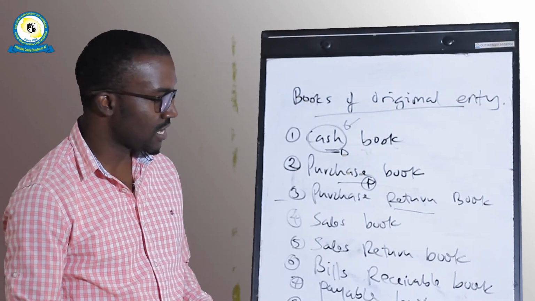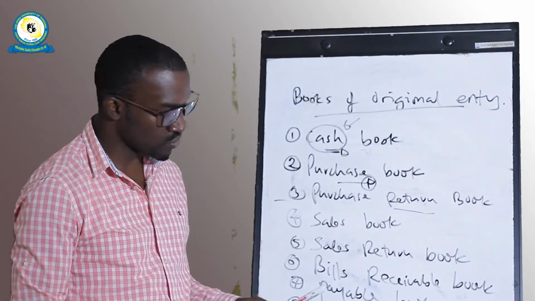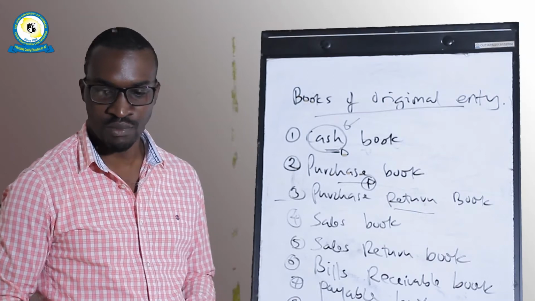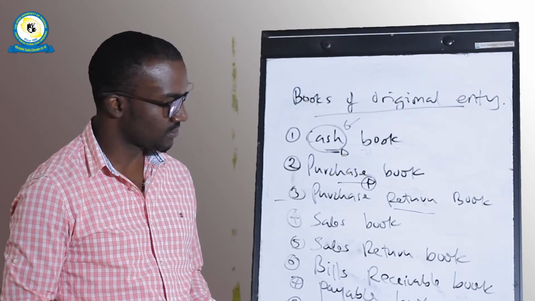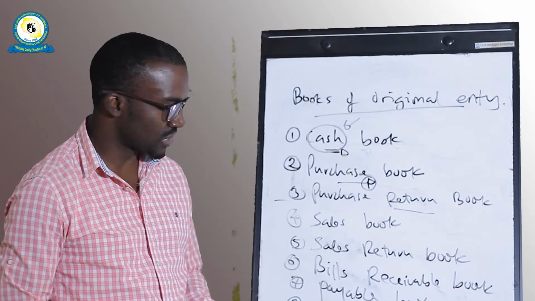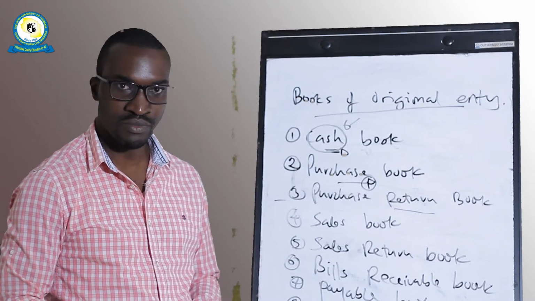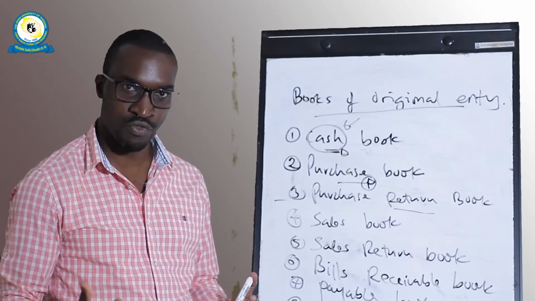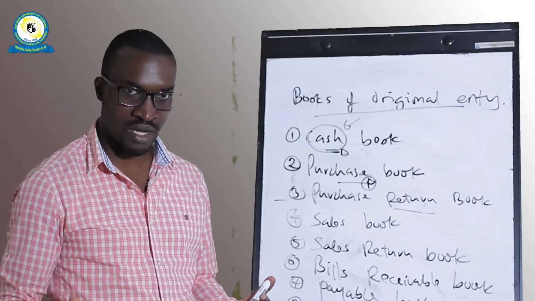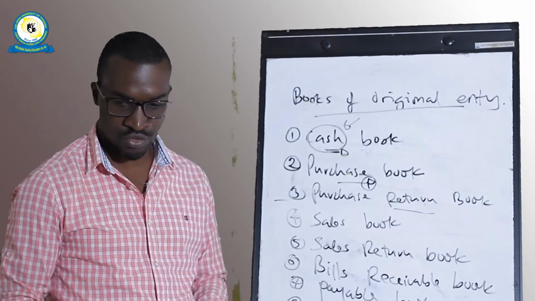All the returns are going to be recorded in the purchase return book. And again, we have another book, which is the sales book. It is a book which records all the credit sales. But again, in sales return, we record all the sales returns. So the name at least gives an overview of what kind of transaction you are expected to find there.